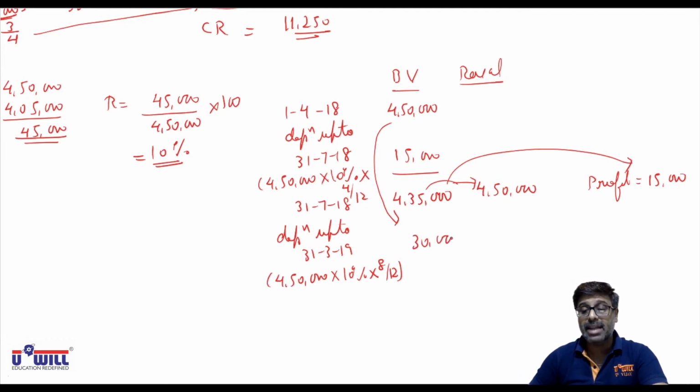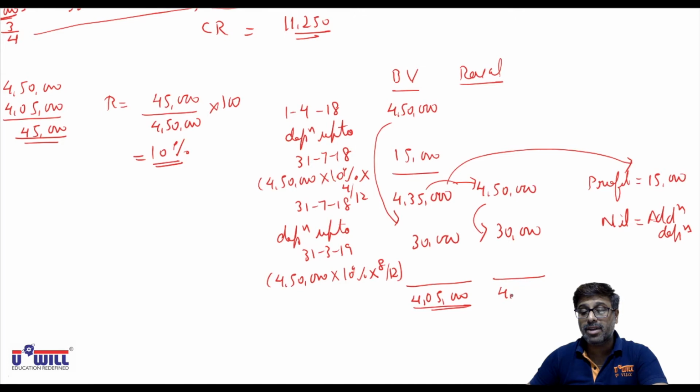Whereas in the revaluation column we will calculate the same on 4,50,000 again, so 4,50,000 into 10% into 8 by 12 will again come to 30,000. It means additional depreciation is nil. The book value is 4,05,000 in the books of accounts, but in the consolidated balance sheet we will record 4,20,000. Based on that, all the 3 questions can be answered if you make that working of revaluation.